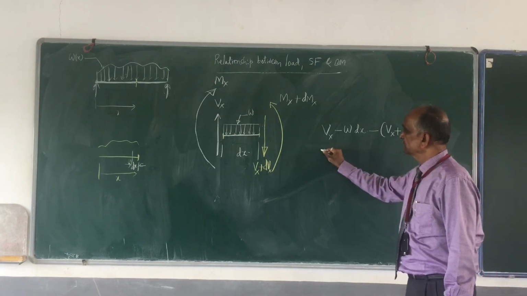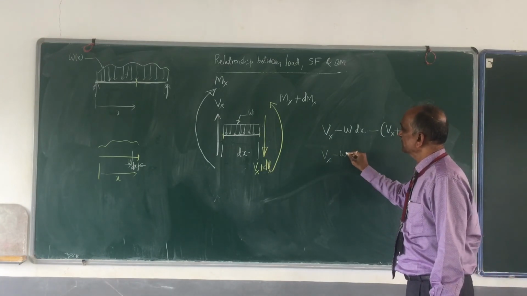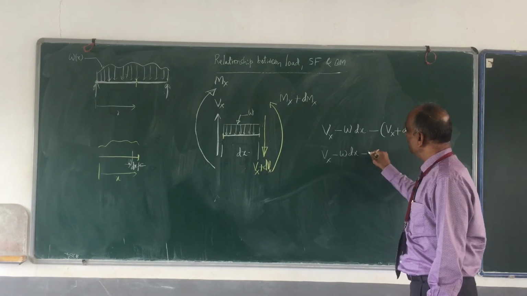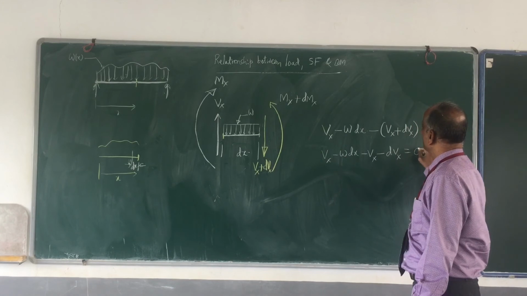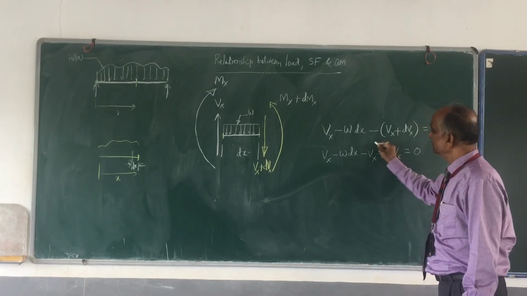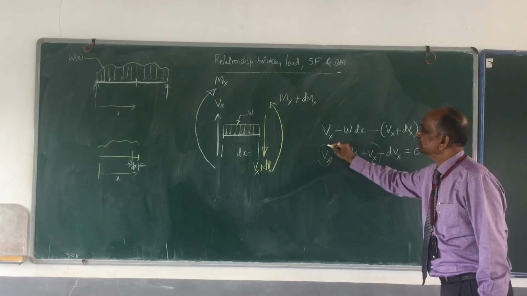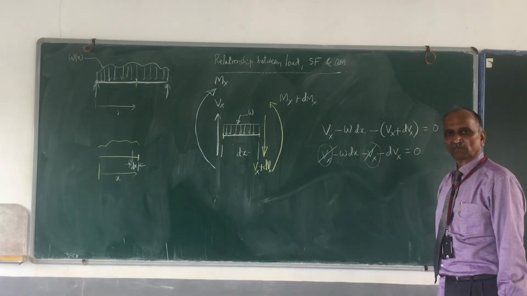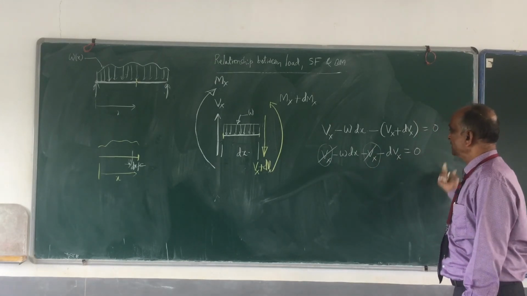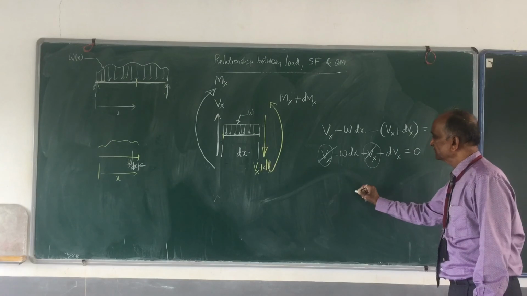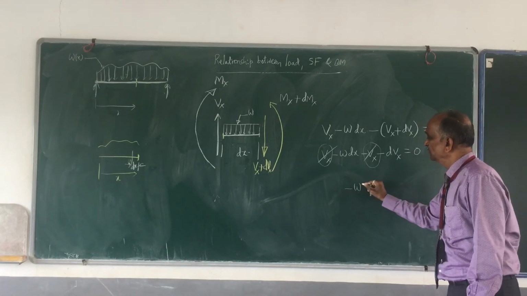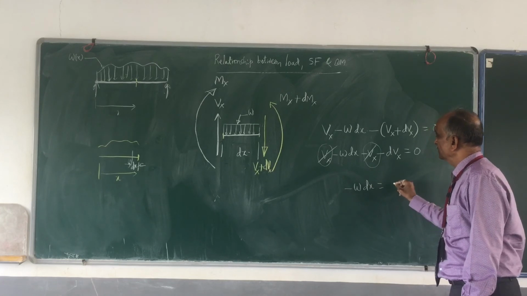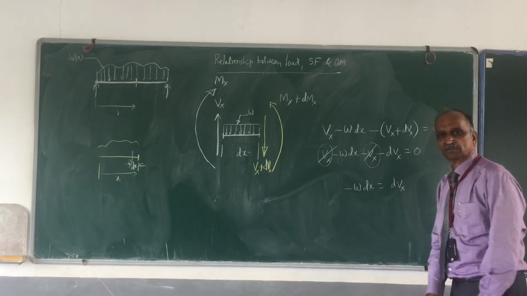So therefore, simplify: Vx minus W dx minus Vx minus dVx is equal to 0. So this Vx and this Vx we cancel. This W dx I shall send to the other side, or this dVx anyway. This minus W into dx is equal to dVx.